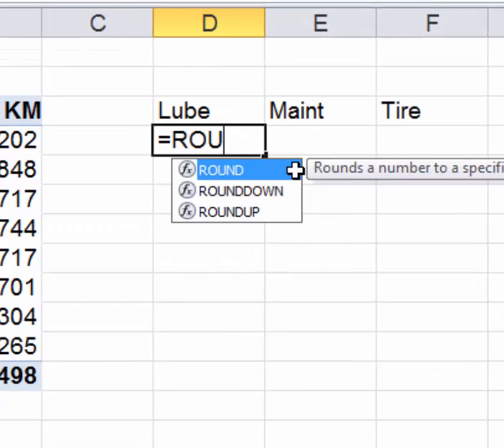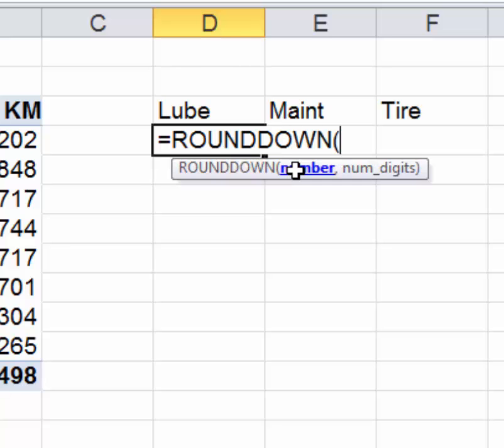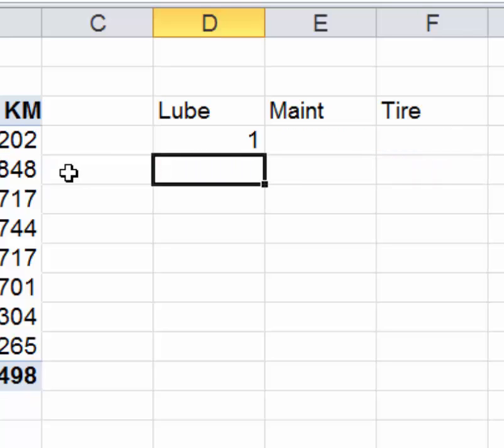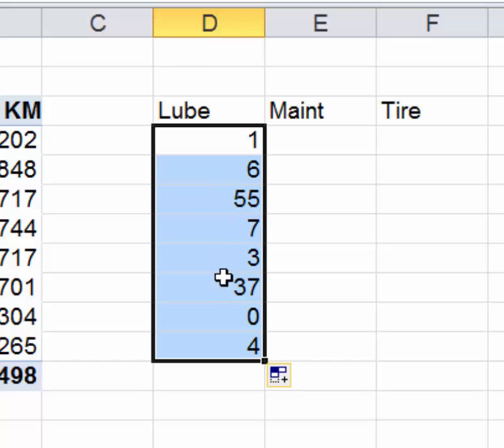So we'll use round down, B4 divided by 5,000, at the 0 decimal point, and that number will be 1. If you copy this down, it'll give you perfect whole numbers. It'll ignore the fraction. The trucks will get the next oil change when they reach the next high number.